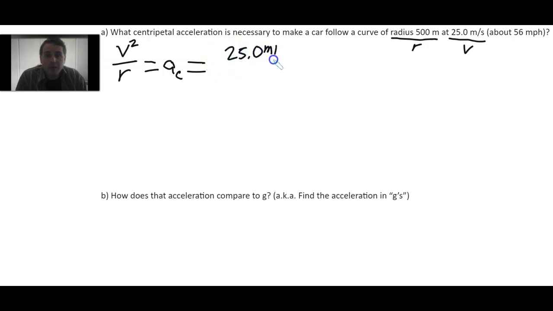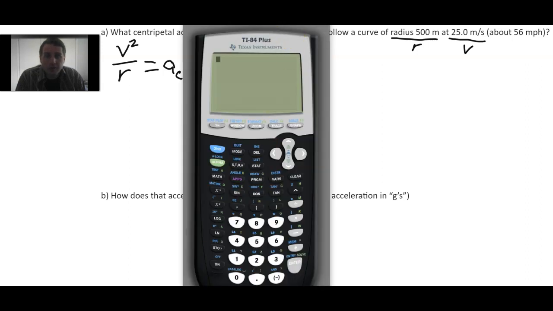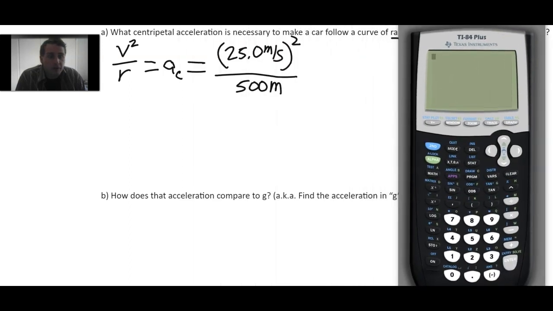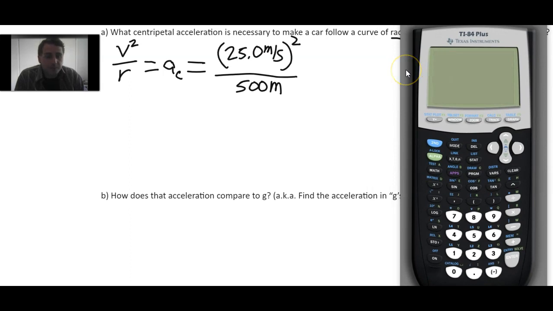So we'll say 25.0 meters per second, and we square that quantity, and we divide that by the radius of 500 meters. So let's show how to calculate this value. We'll say 25.0 squared, and we'll divide that by 500 meters.